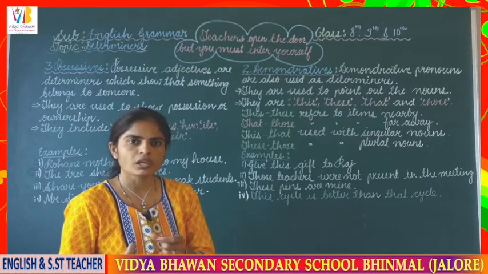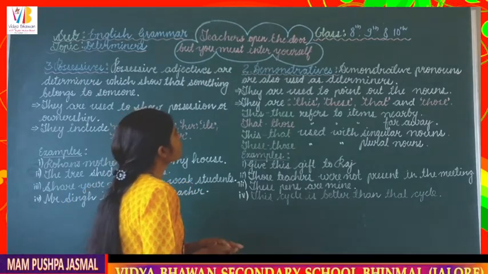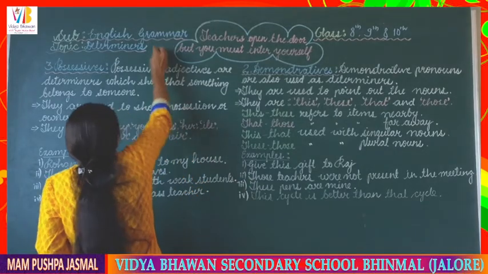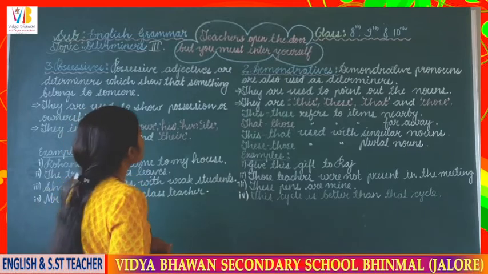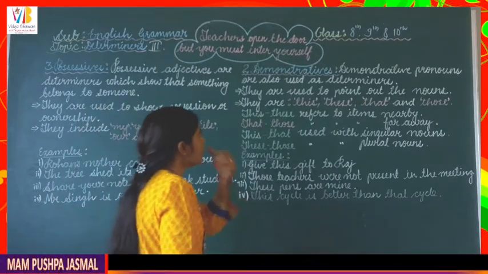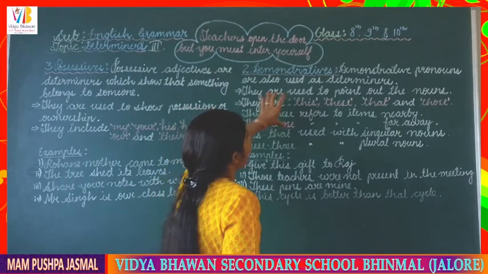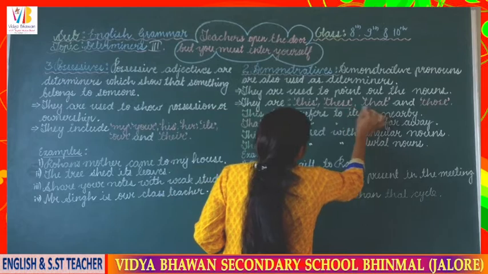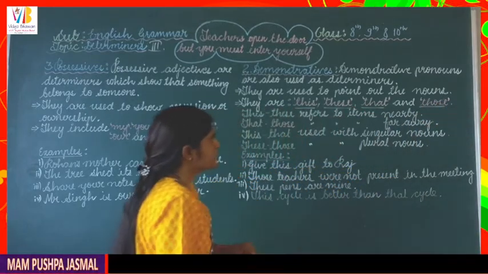Today, in the third part, we will move towards the demonstratives, the second kind of determiners. The demonstratives are this, these, that and those.